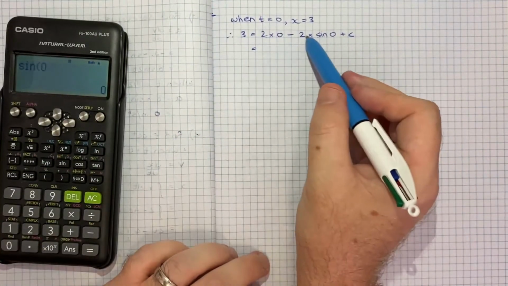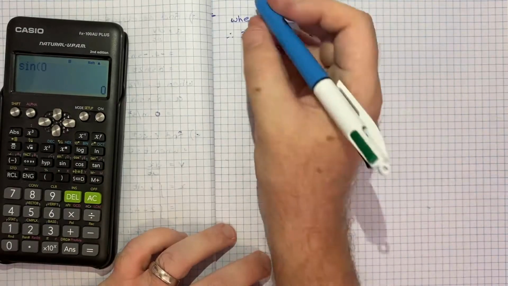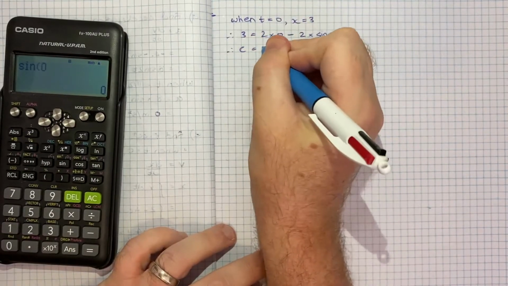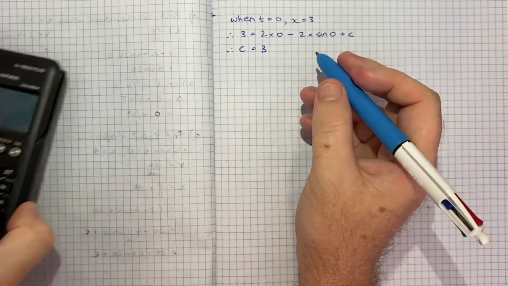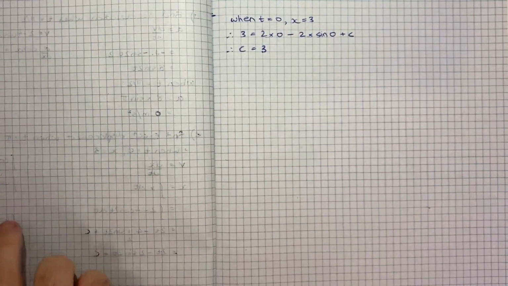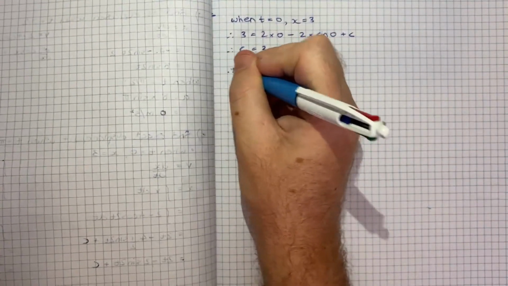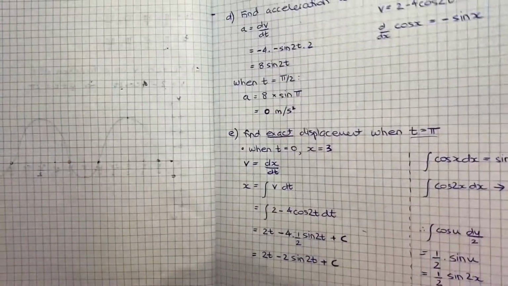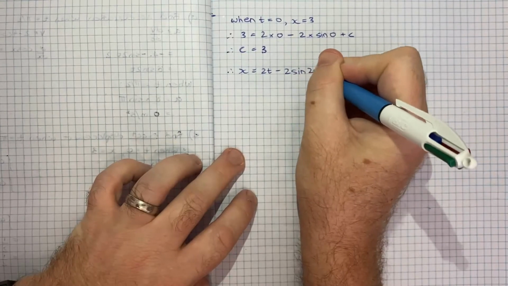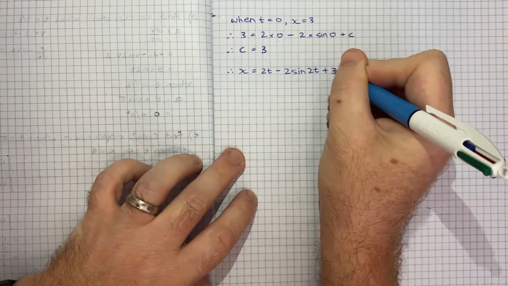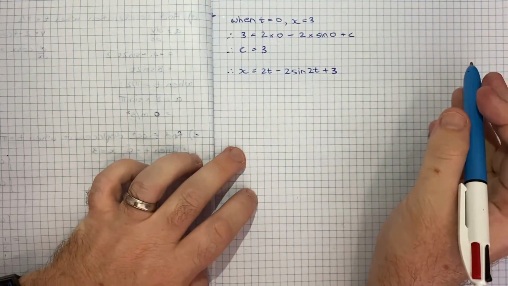So these two disappear and we just get c by itself. So therefore c is equal to 3. And now we can finish off our curve, because we can say therefore x is equal to 2t minus 2 sine 2t plus 3 being our constant.